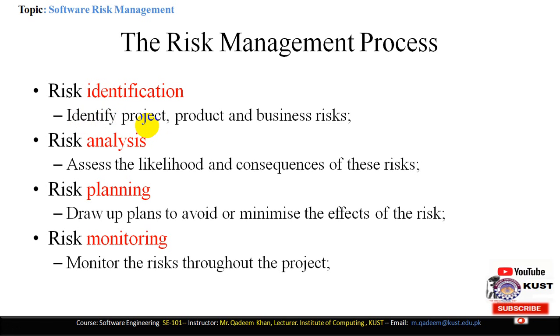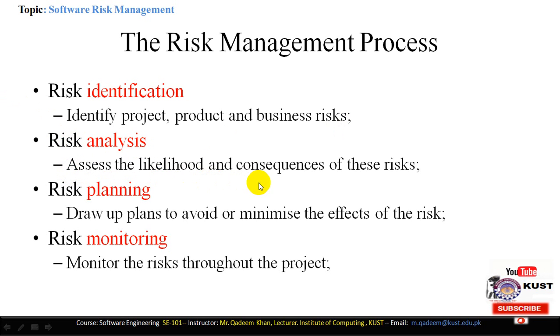Here, all the potential risks in the project are identified and listed down. All the product risks and similarly all the business risks are identified. The identification of the risk is also based on our experience. If a particular risk was raised in the previous 10 projects, there is also a probability that this risk may occur in the current project as well. Next one is the risk analysis.